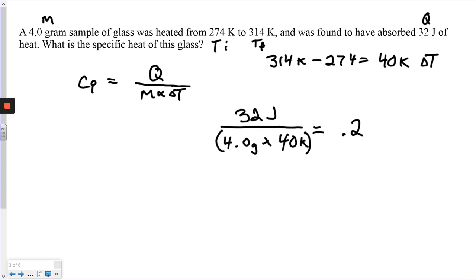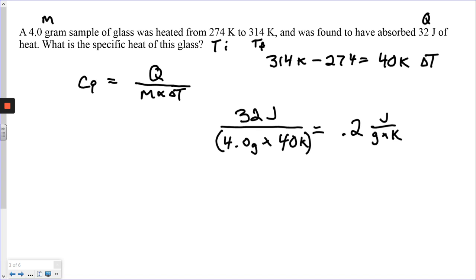So our numeric answer is 0.2, and if we look at our units, we have joules on top, we have grams on the bottom, times Kelvin on the bottom. And none of those units will cancel out. So the units we're left with are joules over grams times Kelvin. And for units of specific heat, that's what we should end up with.